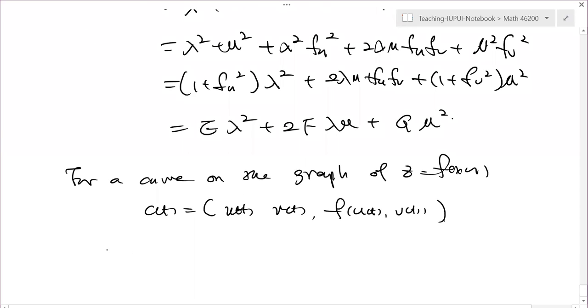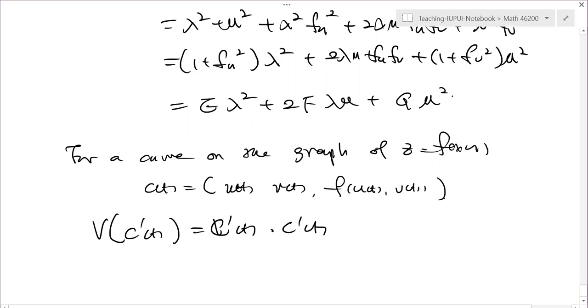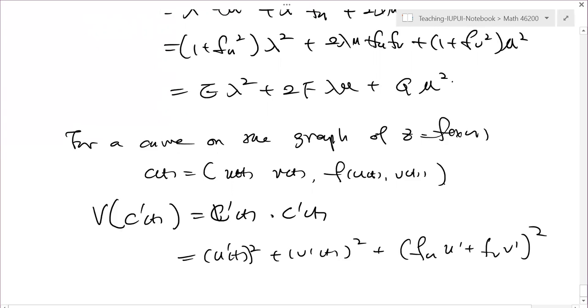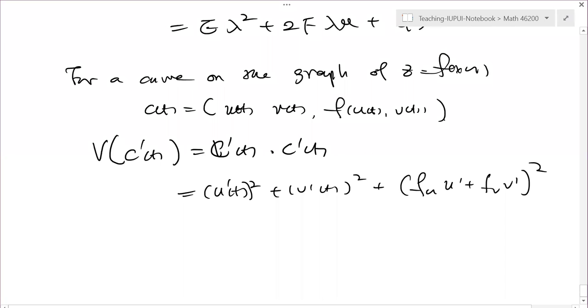The norm squared of c prime of t is c prime of t dot c prime of t. This is the dot product. If you use the above formula, you can do it directly in the computation. It's going to be u prime of t squared, and you can have a u prime, v prime square.